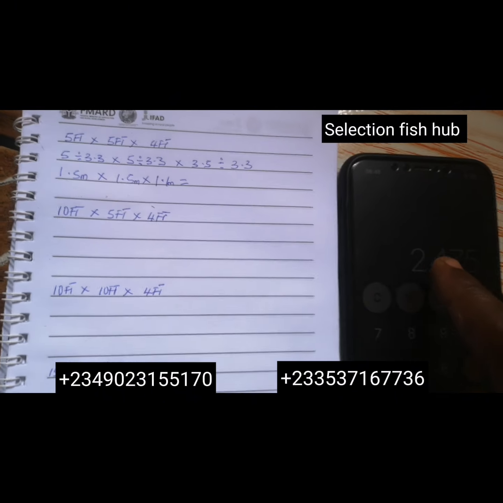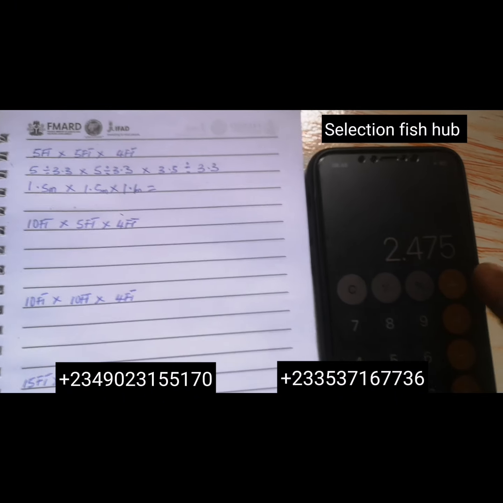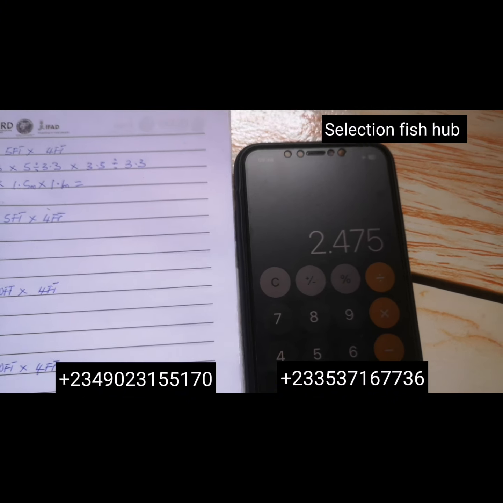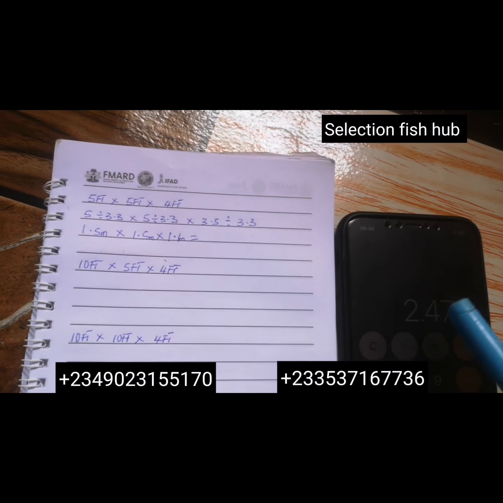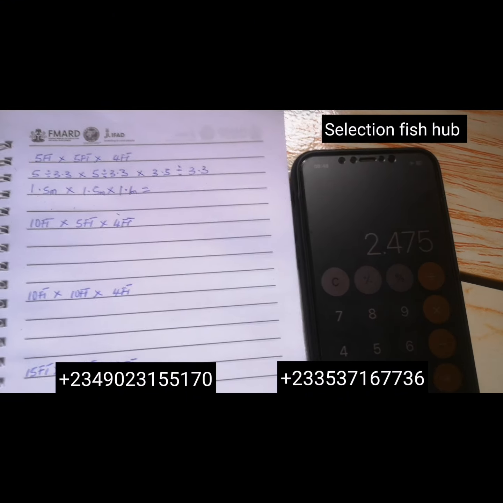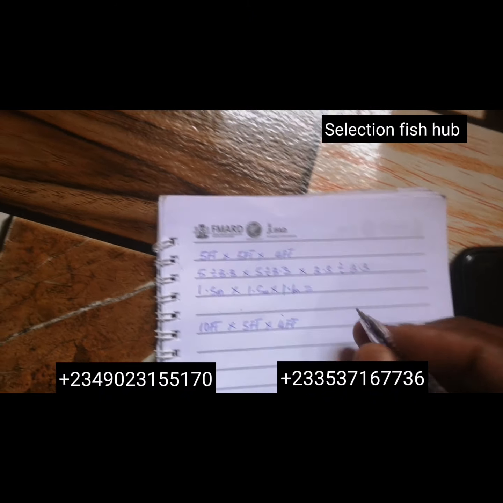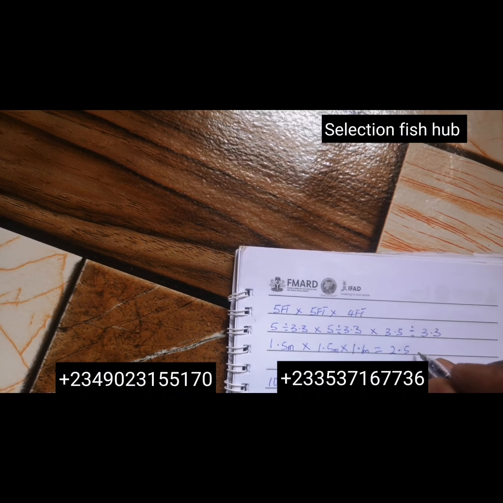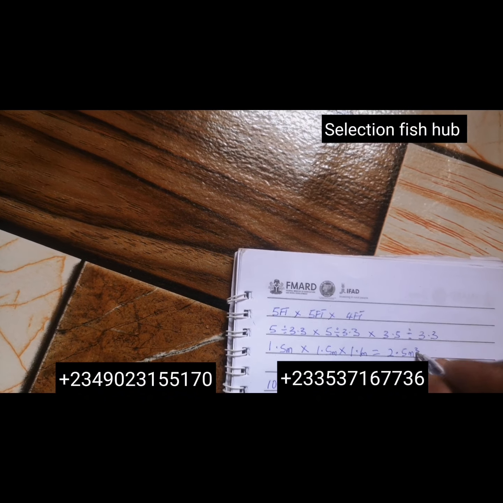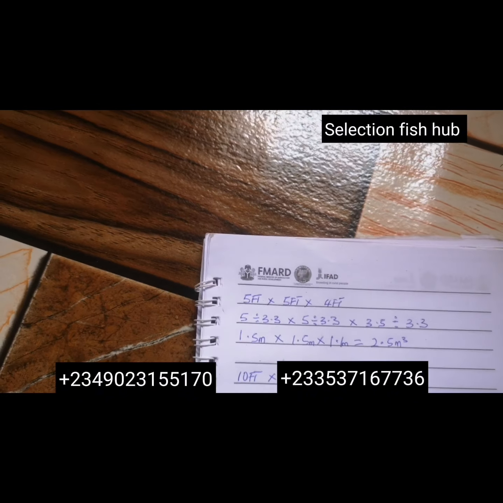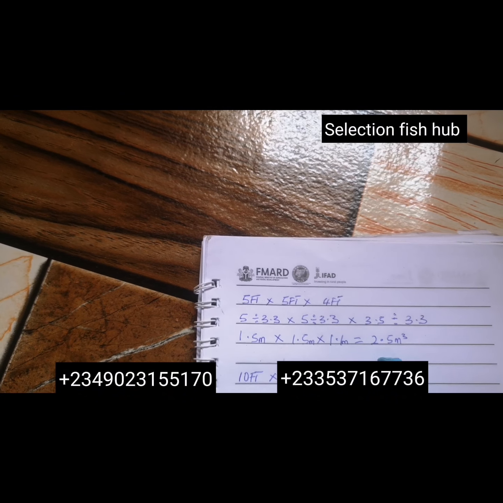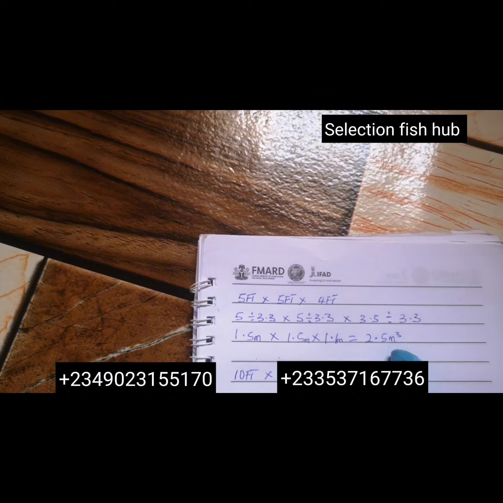We are having 2.47 cubic meters. So when we approximate this to the closest decimal point, you have 2.5 cubic meters. So this is the volume of your pond, 2.5 cubic meters.